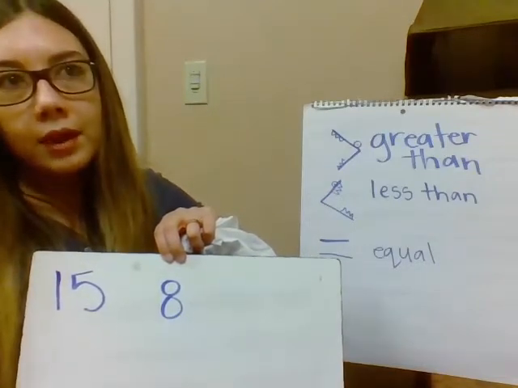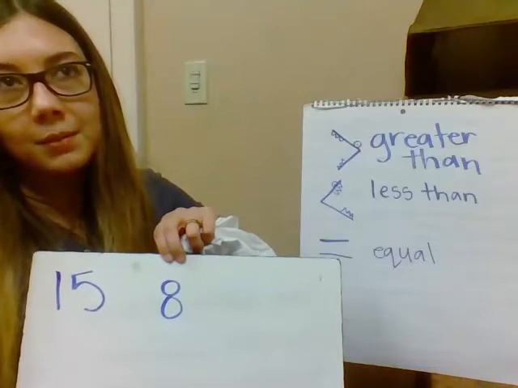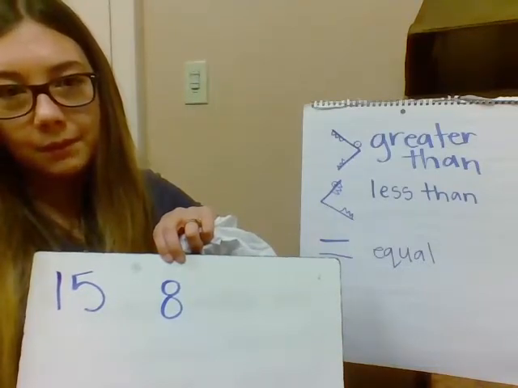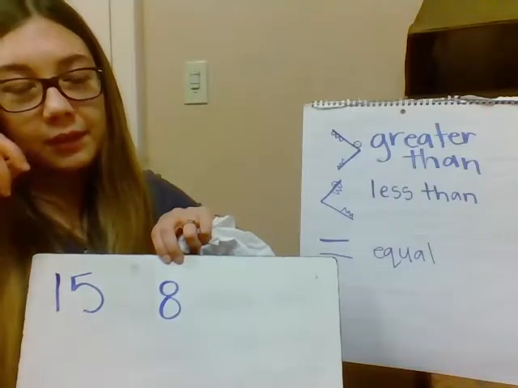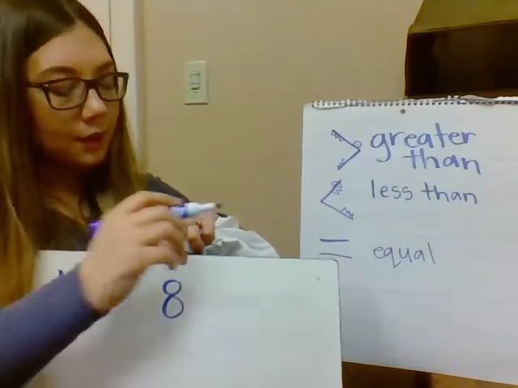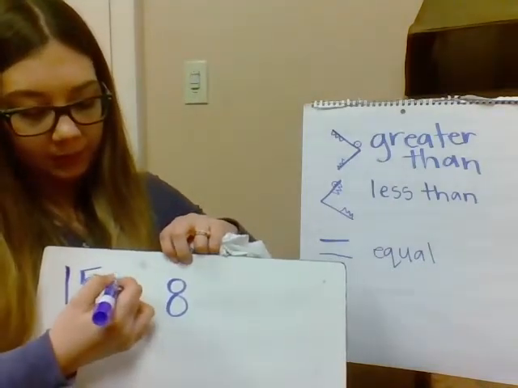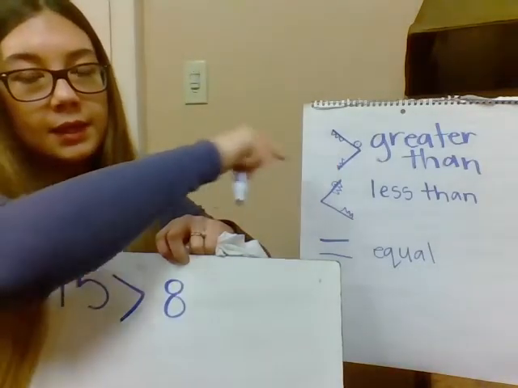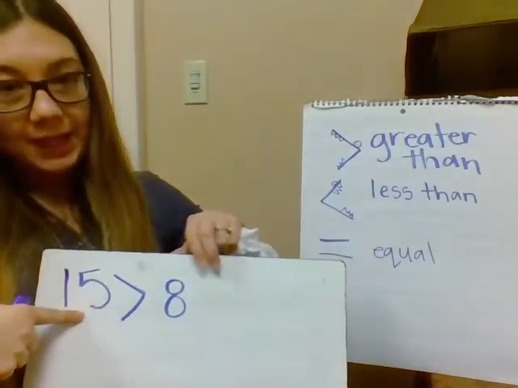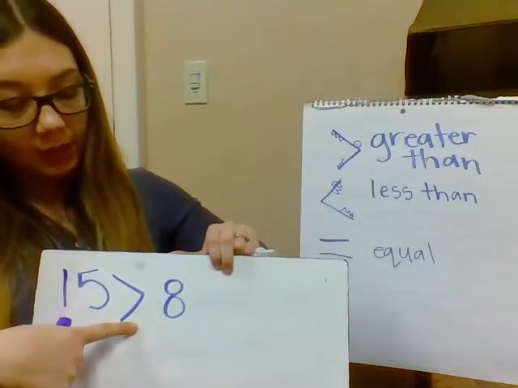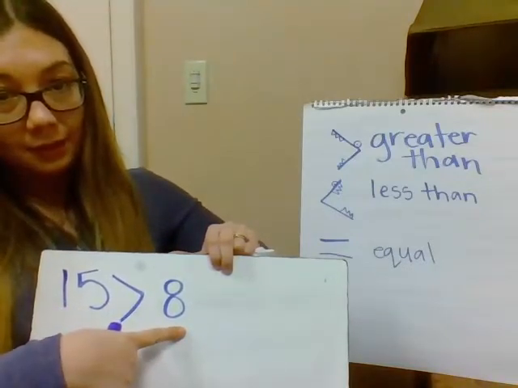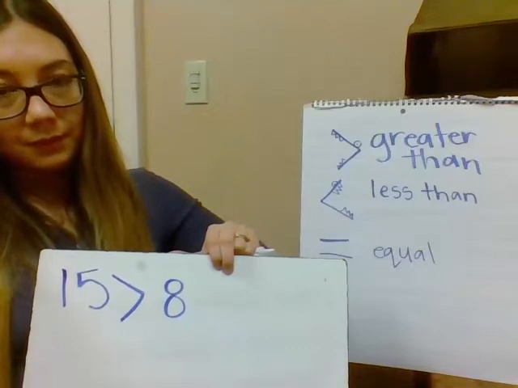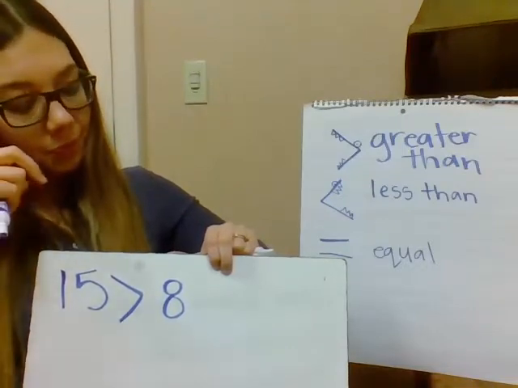What would you rather have? 15 pieces of pizza or 8 pieces of pizza? We're going to pretend just for now that you always want the bigger number. So we're going to say, oh, that alligator is going to open his mouth. We're going to use our greater than symbol. 15 is greater than 8. Does this make sense? Sure hope you said yes.